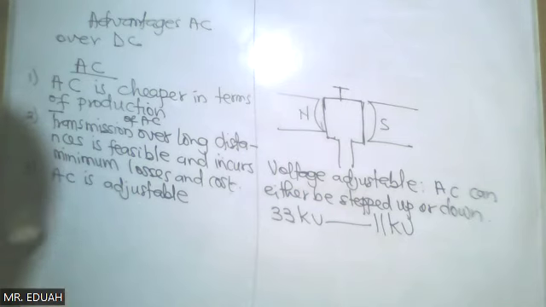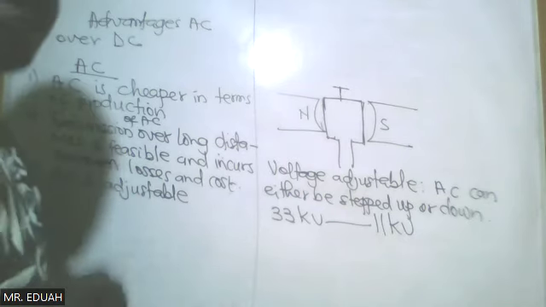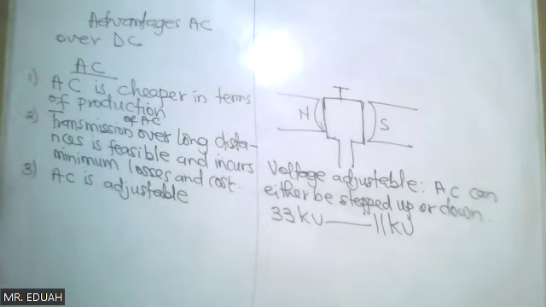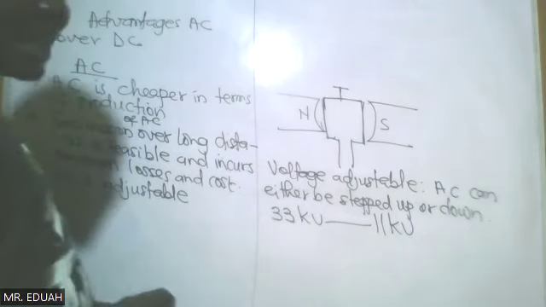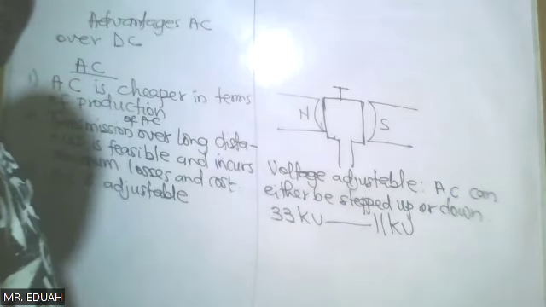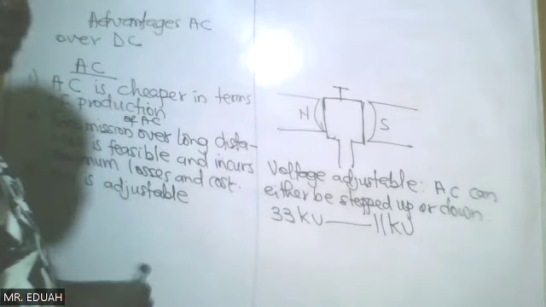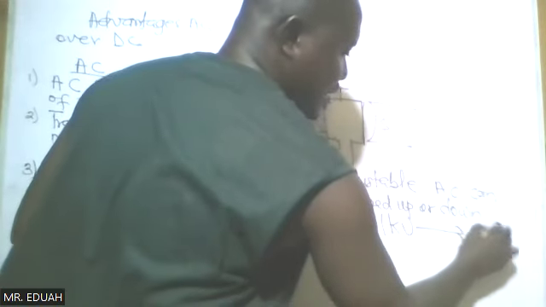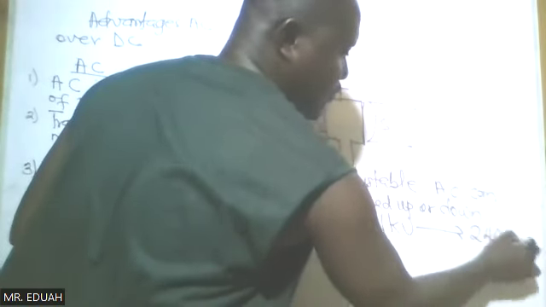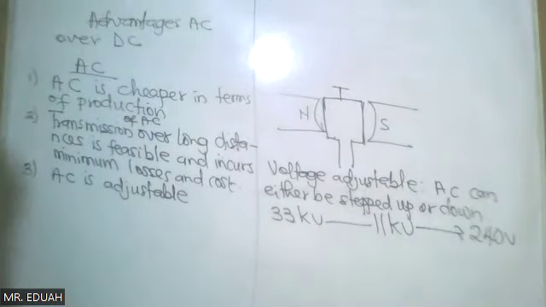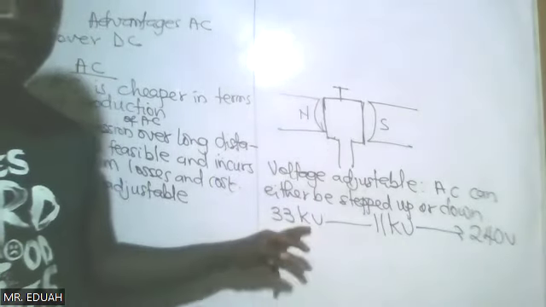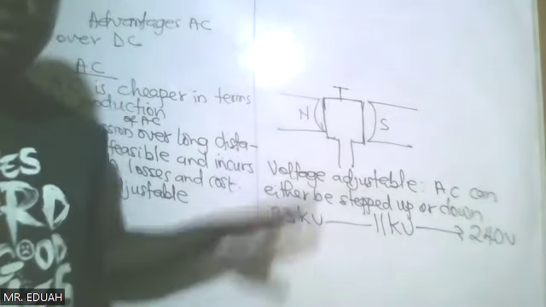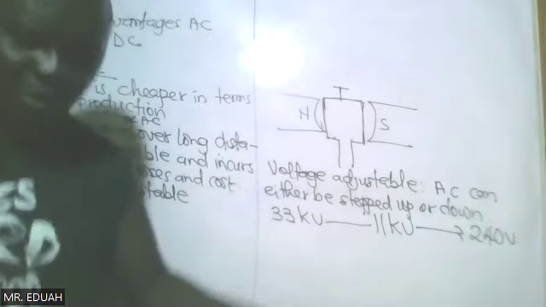Depending on your need, whether factories, houses, schools, whatever, they further step it down. What comes into our homes is stepped down to 240 volts. Because whatever is coming is AC, we can step it down.